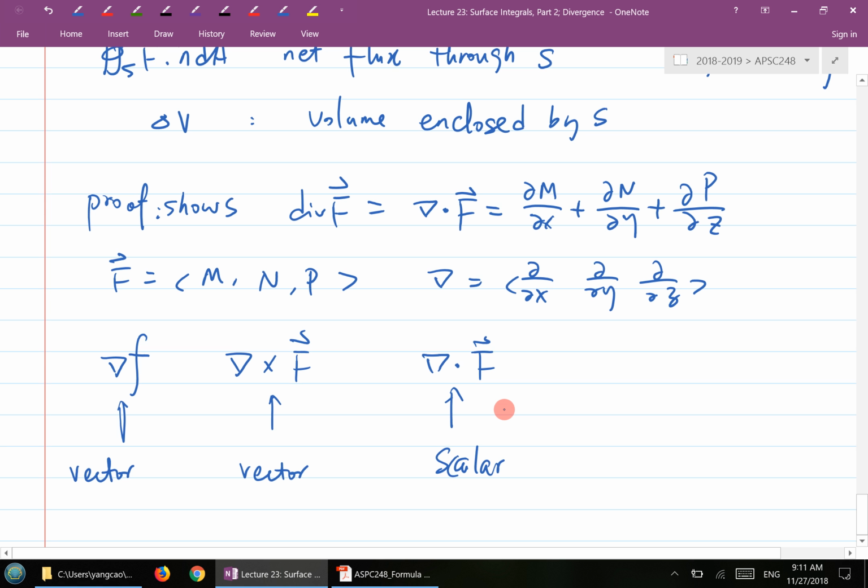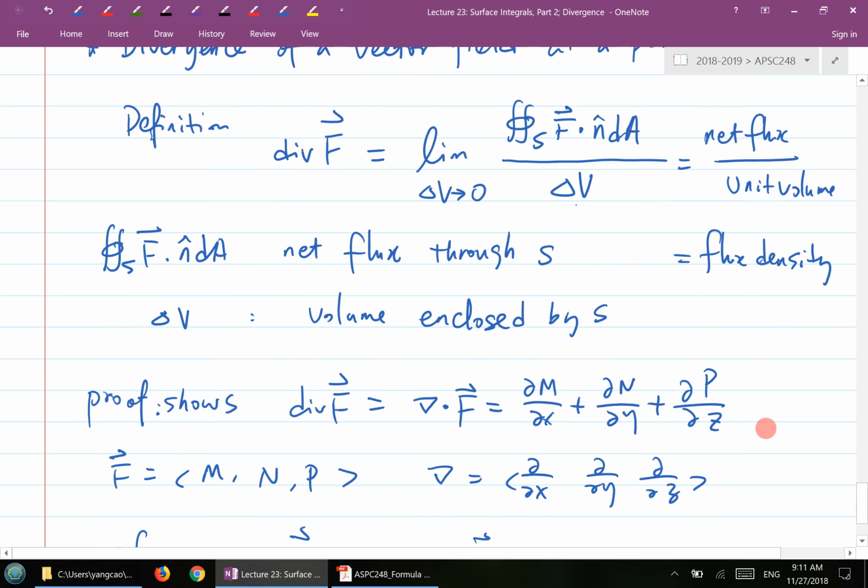So now let's come back to divergence. If divergence gives me a scalar quantity, I don't know what it is, maybe 2 or 3 or 4 or -2 or -3, right? That's what scalar means, or even 0. But what does a number mean? What's the interpretation of a number? Going back to this concept here, divergence is basically a flux density.